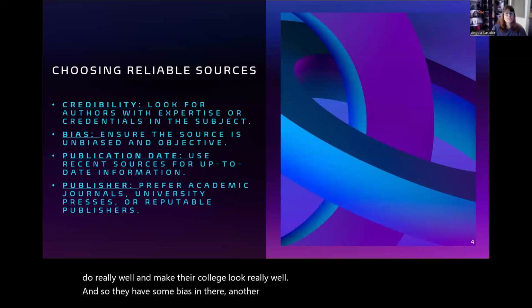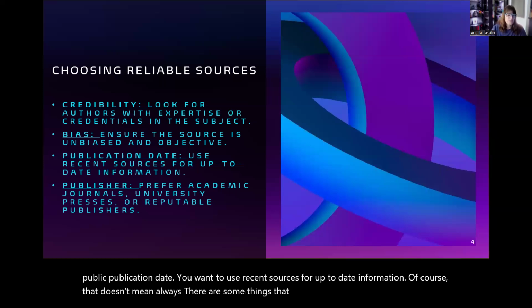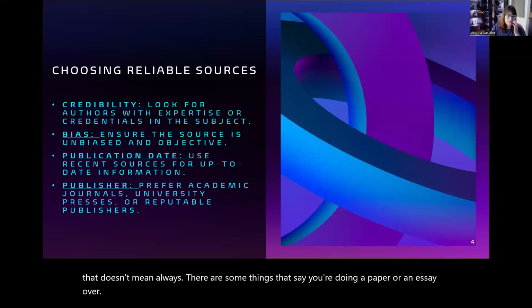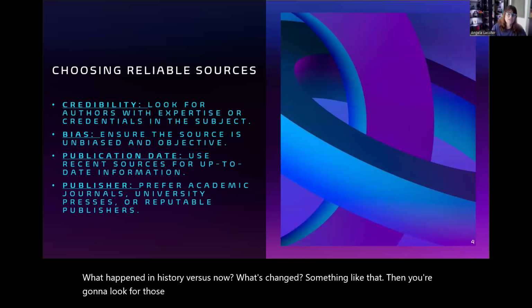Another thing that you need to pay attention to is the publication date. You want to use recent sources for up-to-date information. Of course, that doesn't mean always. There are some things that, say you're doing a paper or an essay over what happened in history versus now, what's changed, something like that, then you're going to look for those older publication dates.